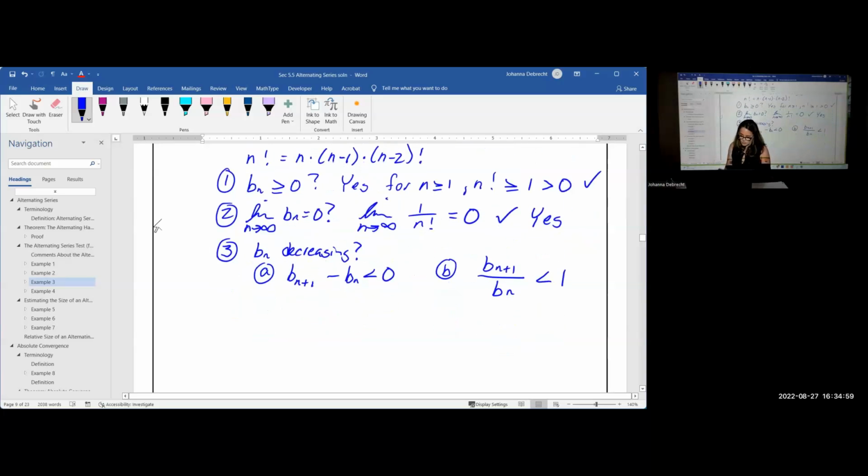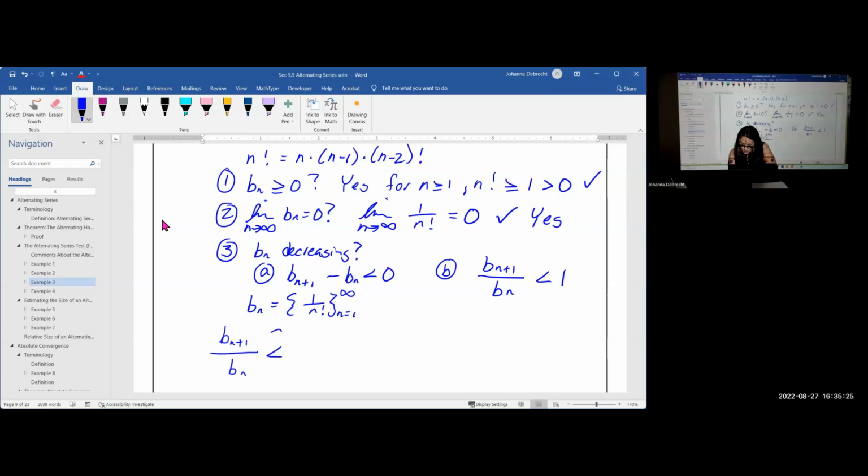So let's go ahead and write down again what our sequence is. B sub n is equal to the sequence 1 over n factorial for n equal 1 to infinity. And we want to write down B sub n plus 1. And we want to divide that by B sub n, and we want to show that it is, in fact, less than 1.